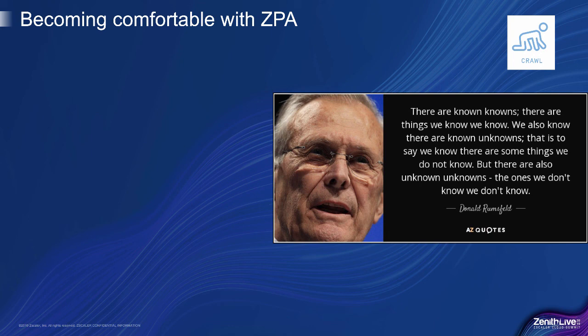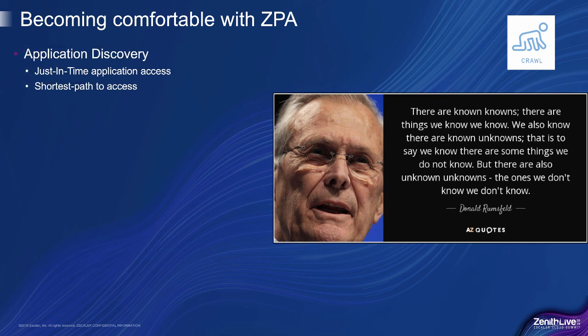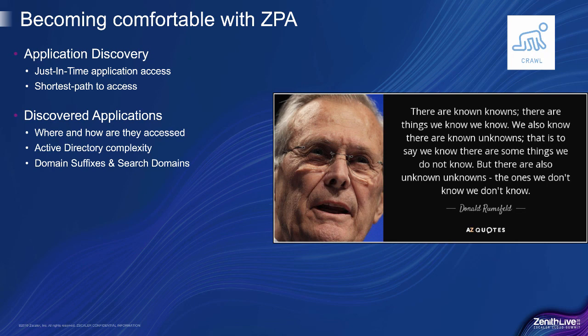Connectivity from the connectors can become a problem as well. So we need to start to think about, what does application discovery need to look at? Just-in-time application access means, discover the application just in time as the user accesses the application, and we'll find the shortest path to the access.